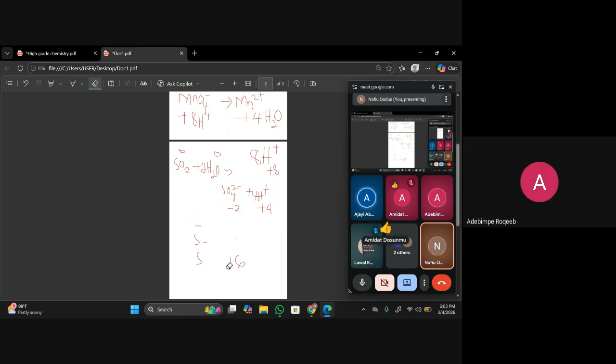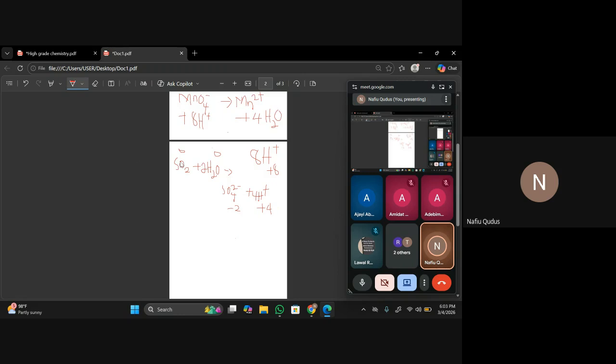If we have 2 MnO4 2 minus here, these two will multiply this ion and become -4. Are we together? That's actually what happened. So in this case, we have -4 plus 2, -2 plus 4, and we have 0 here.